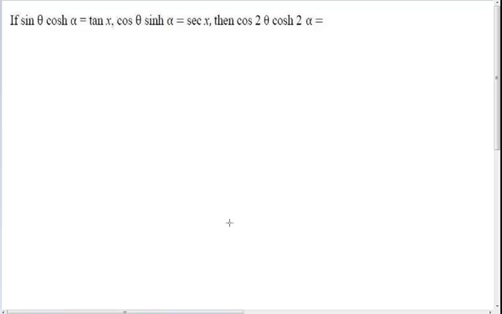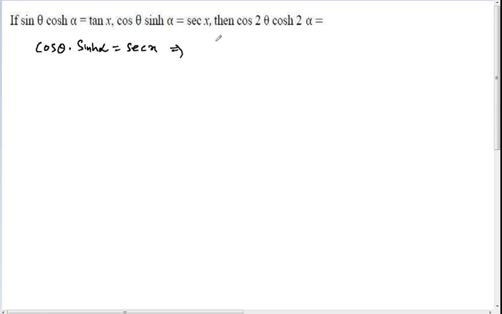If sin theta into cosh alpha is equal to tan x, comma, cos theta into sinh alpha is equal to sec x, then cos 2 theta into cosh 2 alpha is equal to dash. So here is given first cos theta into sinh alpha is equal to secant x.